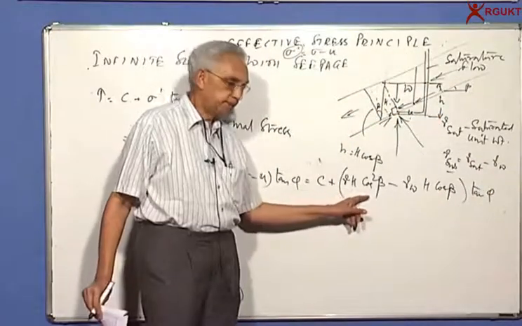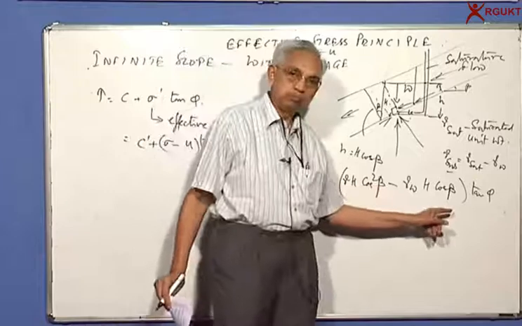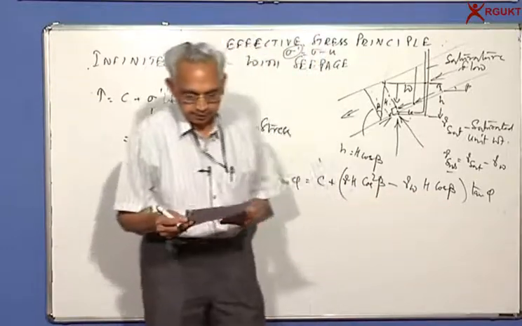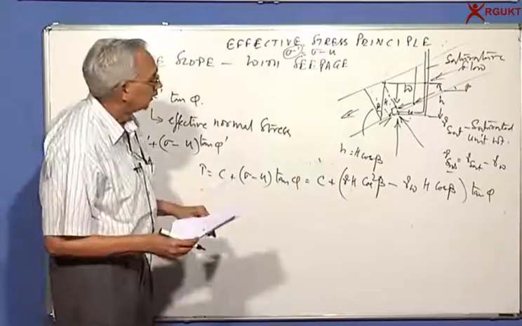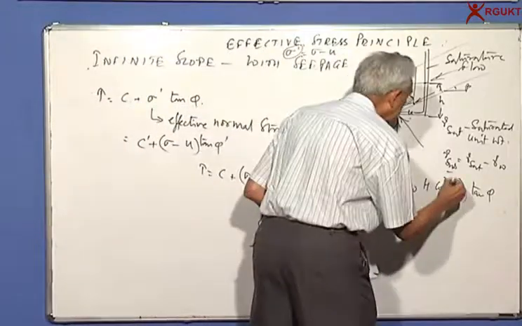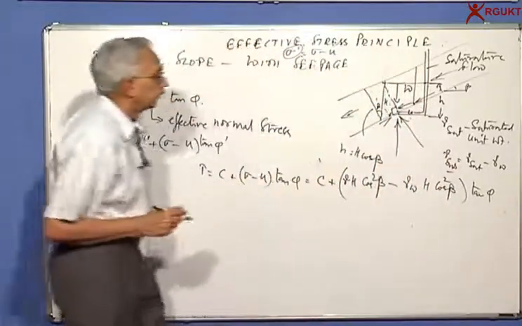This is the normal stress and this is equal to the pore pressure. Okay, I think we get another cos square beta here because I have to consider the length here.